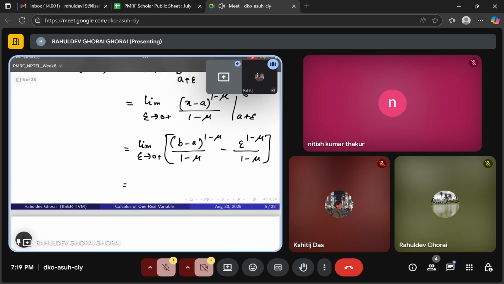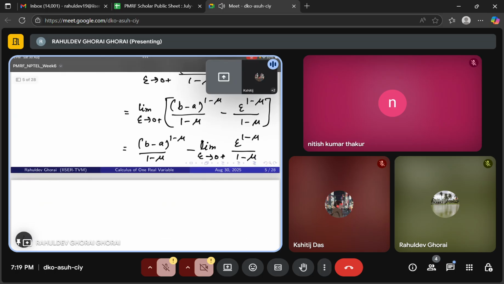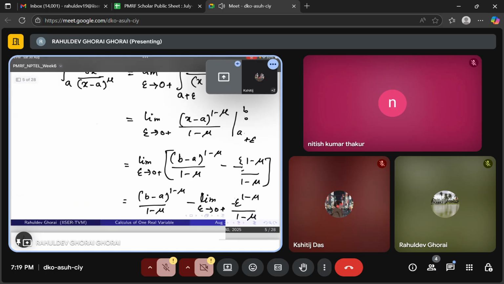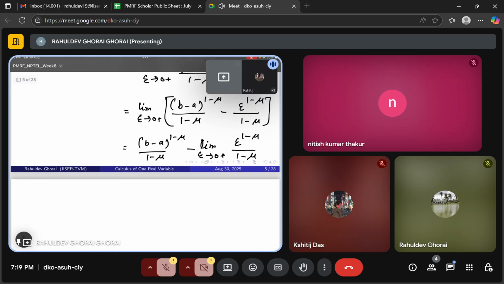The term b minus a to the power 1 minus mu over 1 minus mu has no issue, because it is independent of epsilon. So we are left with the limit as epsilon tends to 0 plus of epsilon to the power 1 minus mu over 1 minus mu. Whenever this limit exists, the integration will exist. Otherwise, it will not exist. It depends on this last term.